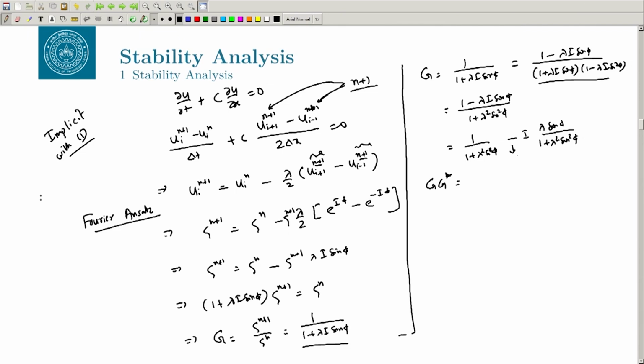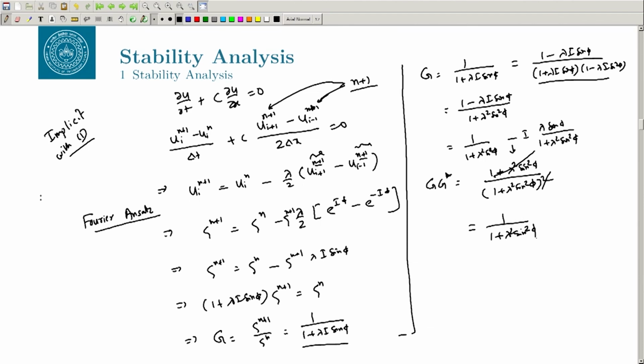So, that will become this I and the minus will become plus. Okay. So, ultimately what we will have is on the top we will have 1 plus lambda square sin square phi, okay, when you do G star, and bottom will be, it will be multiplying 2 times, right. So, that will be 1 plus lambda square sin square phi whole square. So, then this will get cancelled out, and what we will have is 1 plus lambda square sin square phi, right.